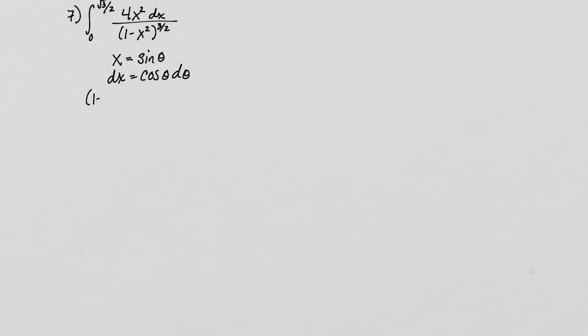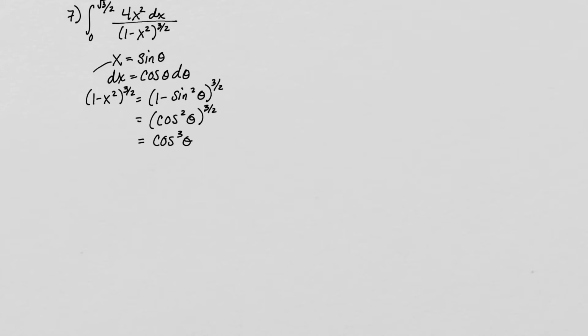And if I look at 1 minus x squared to the 3 halves, that's going to end up being 1 minus sine squared theta to the 3 halves power, which is going to be cosine squared theta to the 3 halves power. So remember, the half part is taking a square root, and we have it squared. So in the end, this would just come out to be cosine cubed theta. You can also think about 2 times 3 halves is just 3.